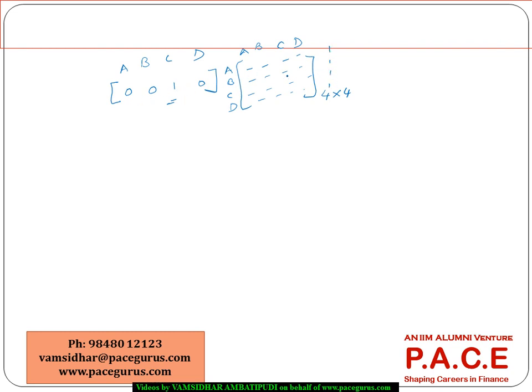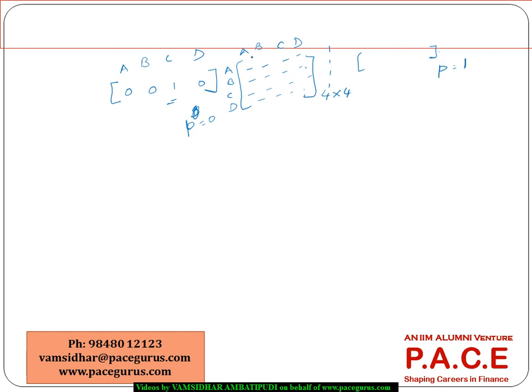Now when I do this multiplication, it is a one step transition probability. So if this is period 0, then after multiplication, whatever set of values I get is after 1 year.